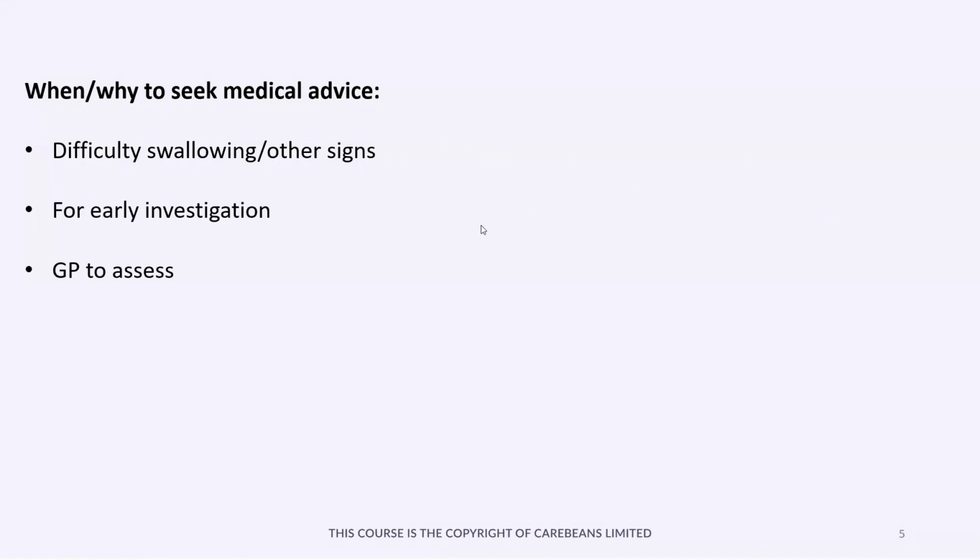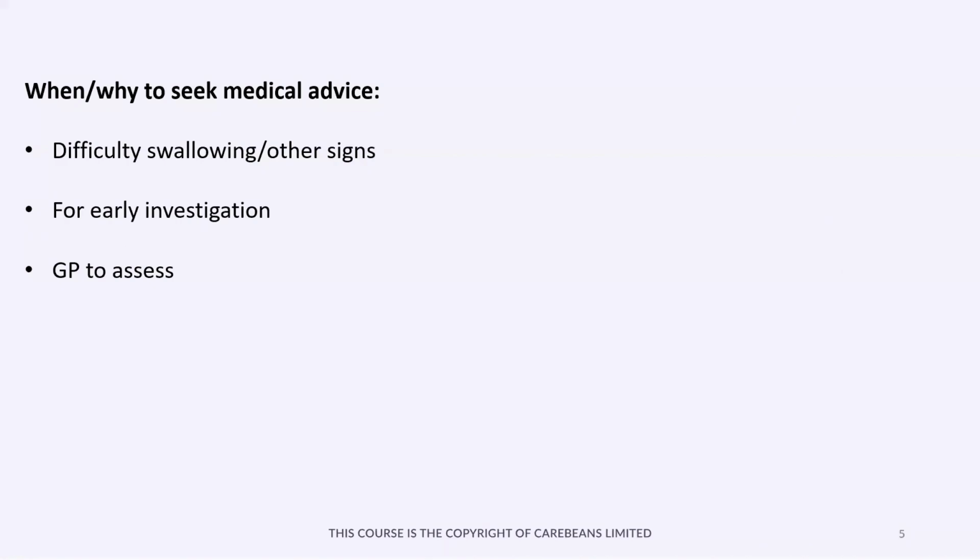Okay. So, things to look out for. When to seek medical advice. If someone has difficulty swallowing or other signs, then you should see your GP immediately, so that you can get treatment in place to help with those symptoms. There are things that can be done for people with swallowing difficulties, and a GP should advise on that or make appropriate referrals.